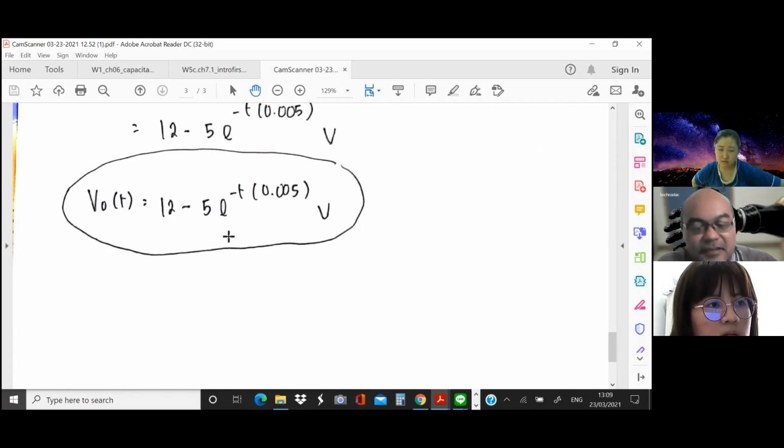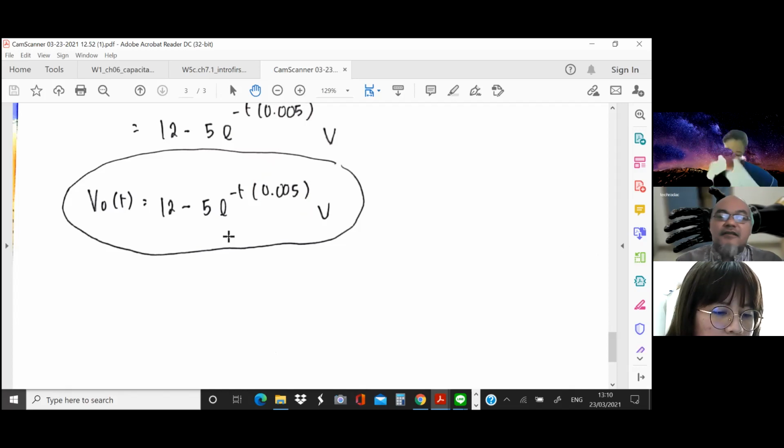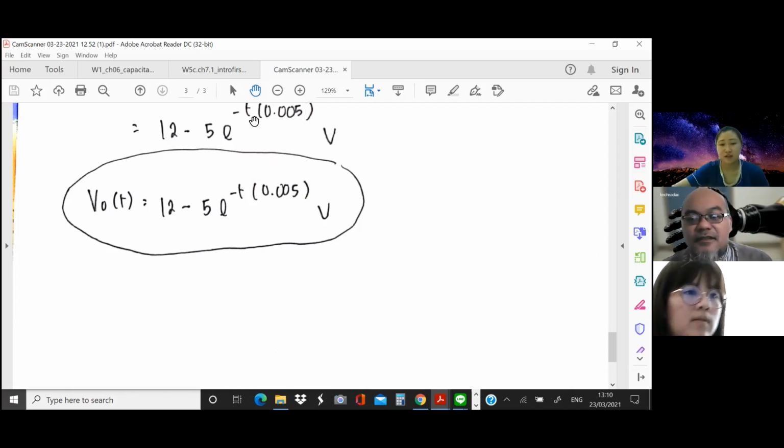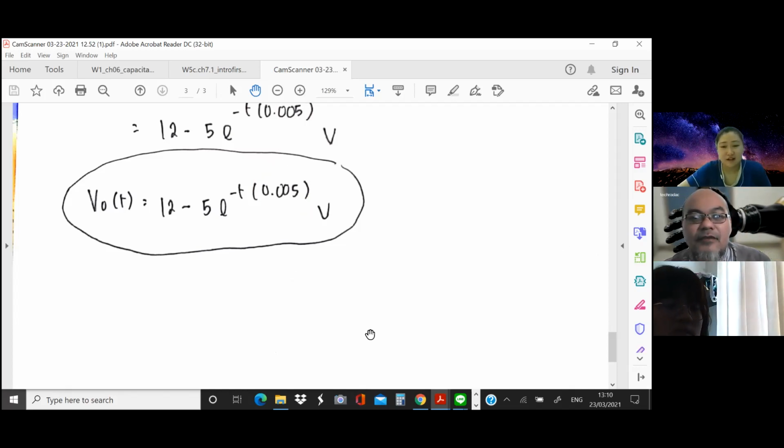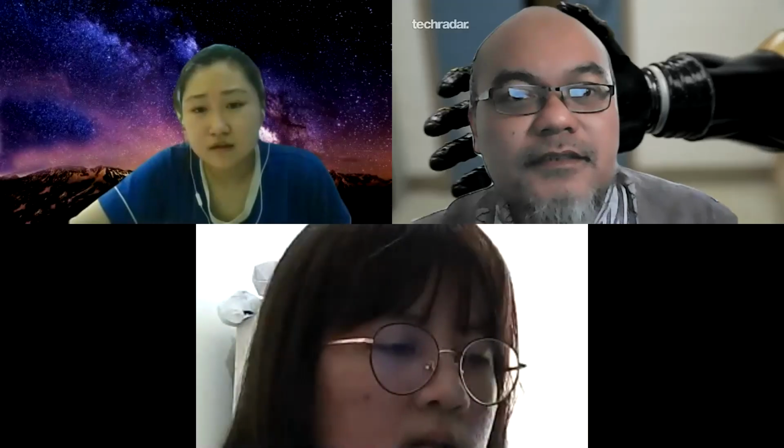From there, you know that the general solution is x(t) equals k1 plus k2 exponent minus t over tau. K1 is from steady state analysis, k2 is from the initial value. Thank you, group 2, for sharing your answer. That will be all for today.